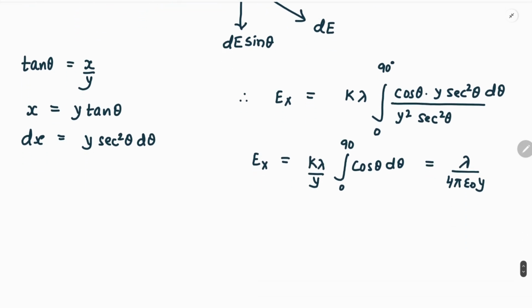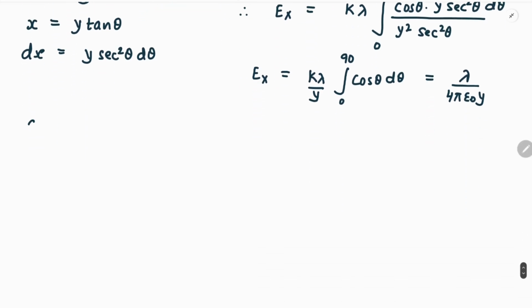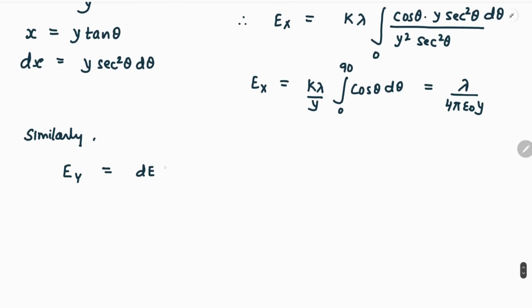Now we need to solve in a similar way. Similarly, if we solve for Ey, Ey is equal to integral of dE, and this time we have the sin theta component. If we look properly, all the values of the integral remain the same. The only thing that changes is that we write sin theta over here, d theta from 0 to 90 degrees.